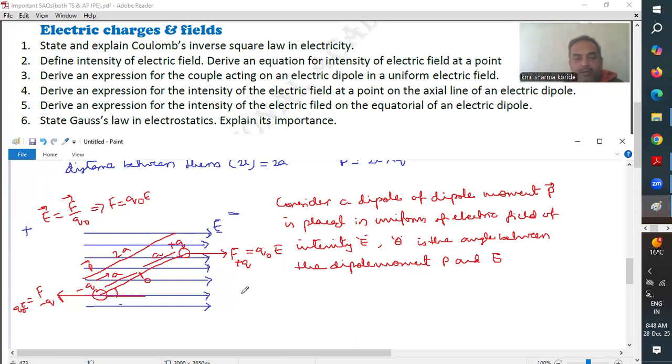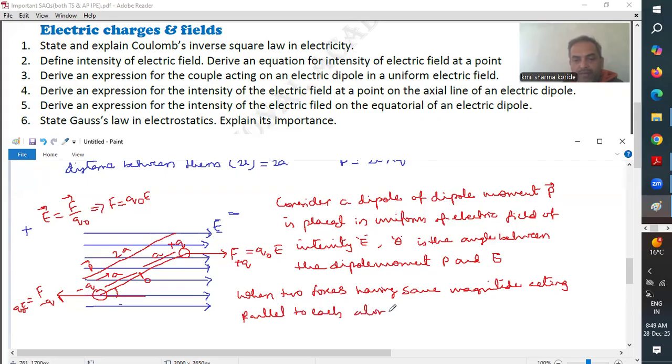So when two forces having the same magnitude, acting parallel to each other along different lines, constitute a couple. This is the definition of couple.